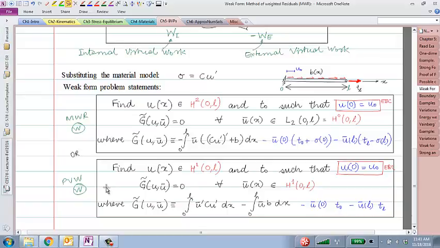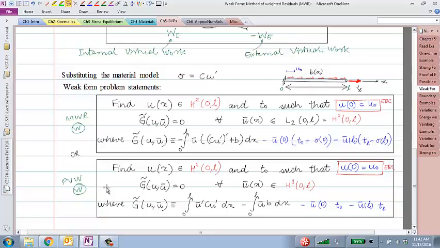These are weak form statements, or the weak form of the problem statement. We haven't really changed our problem one bit. We still have that one-dimensional problem that we are solving that's drawn up there. Some displacement on the left end, some body forces, some traction. We are still trying to find a function for displacement along the length of the bar.